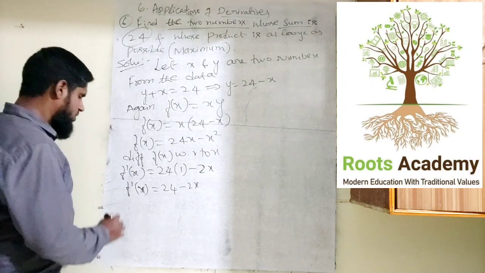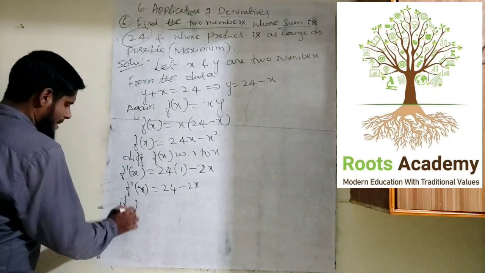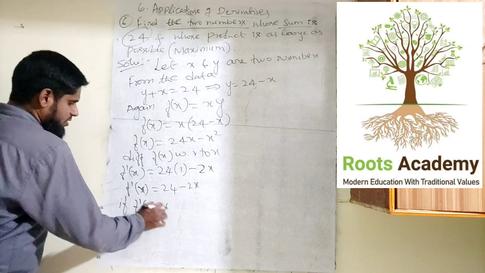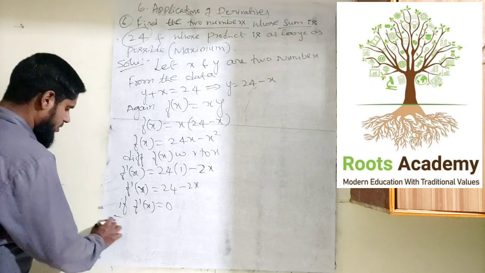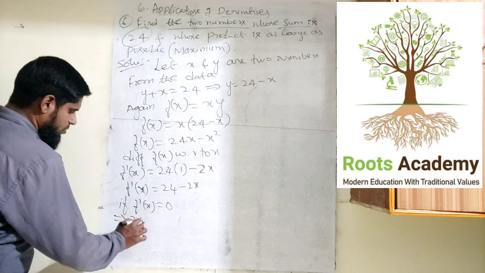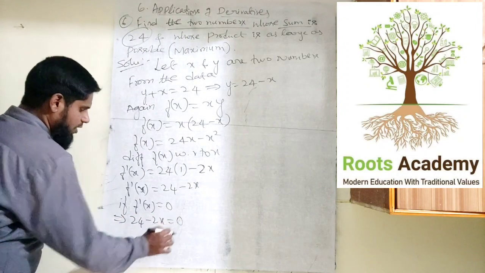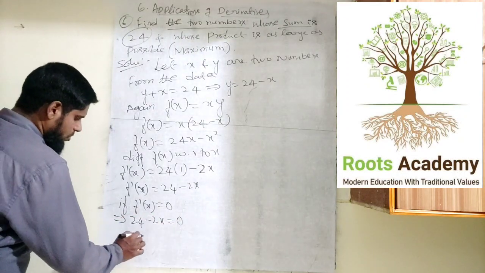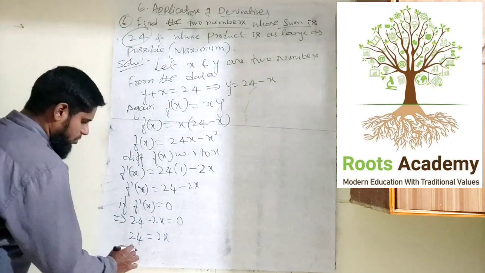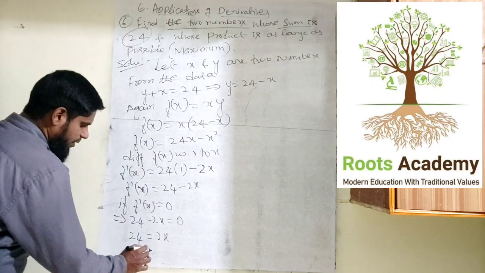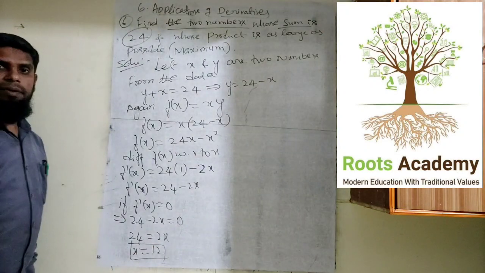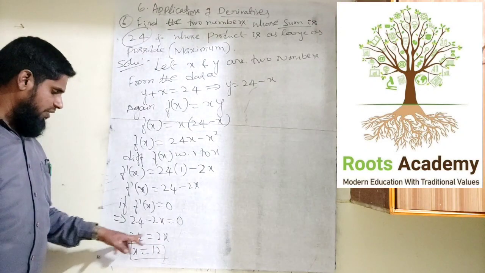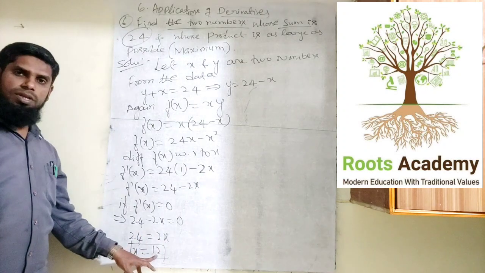If f dash of x is equal to 0, then 24 minus 2x is equal to 0. 24 is equal to 2x. So x will be 24 by 2, that is 12.